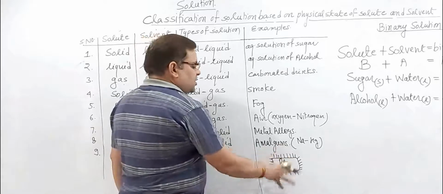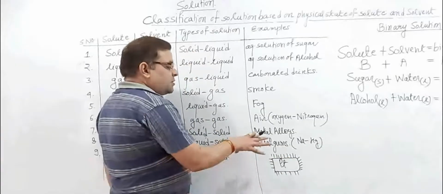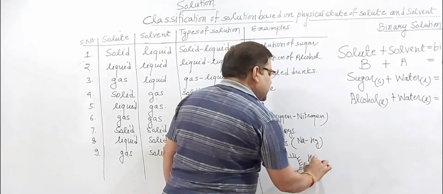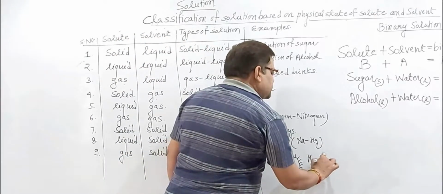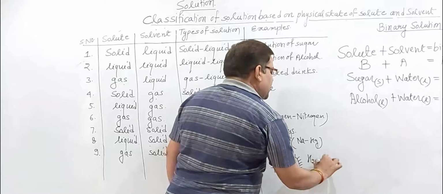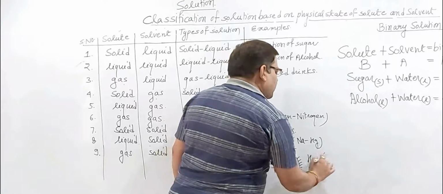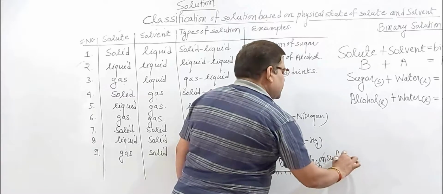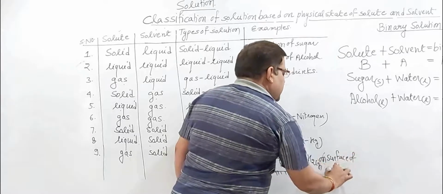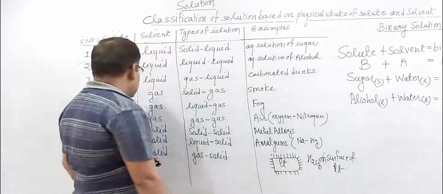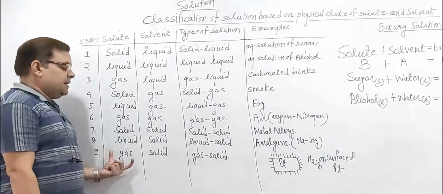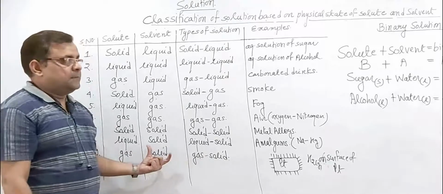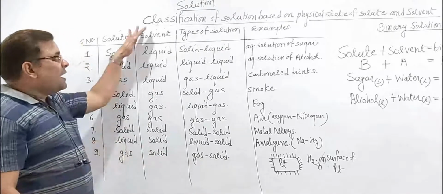This process is called adsorption. It is an example of a binary solution in which solute is present in gaseous state while the solvent is present in solid state. So these are the 9 different types of solutions.